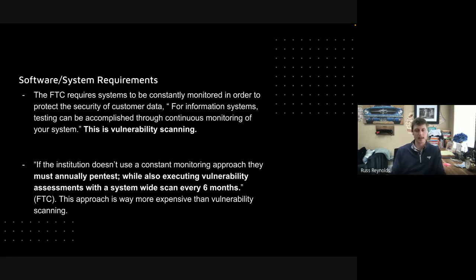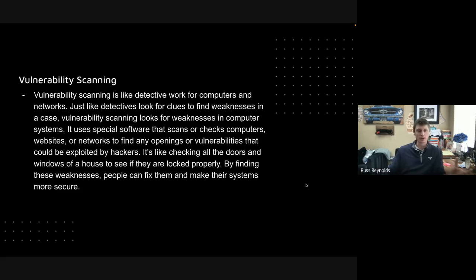If you do vulnerability scanning, it is a cheaper alternative, and that's what we are offering through Red Sentry. Penetration testing can be thought of as offensive hacking. You can either do that twice a year, so every 6 months, or you can have 24/7 vulnerability scanning. And I know vulnerability scanning is probably something that's new to everybody here.